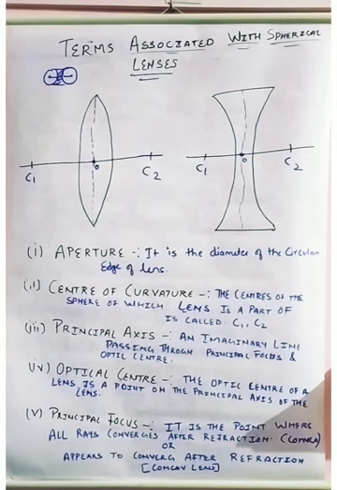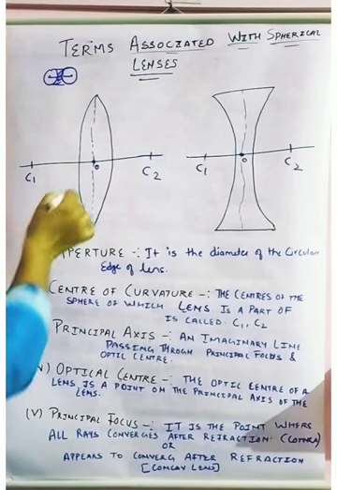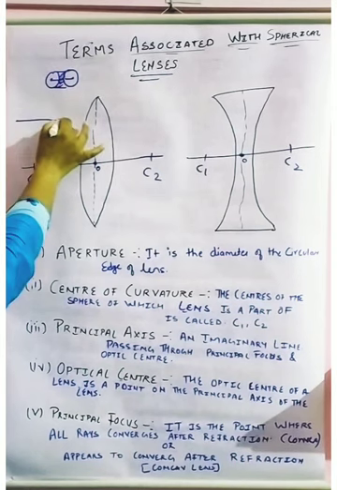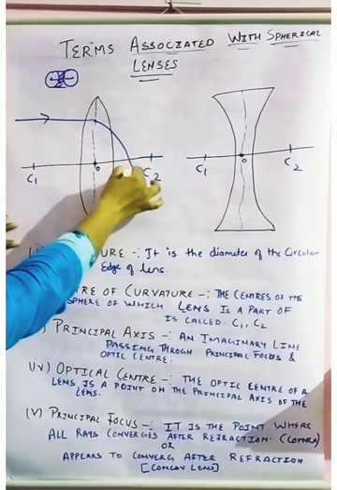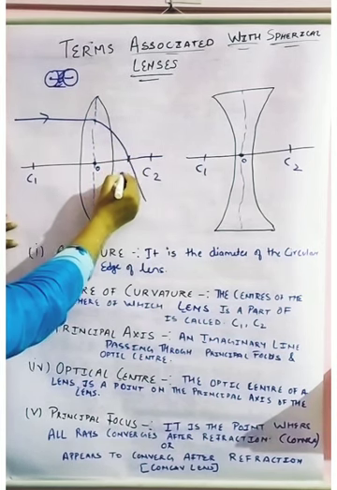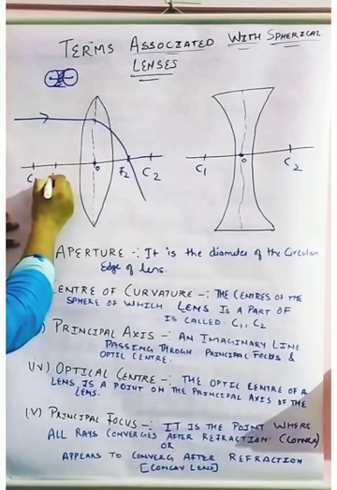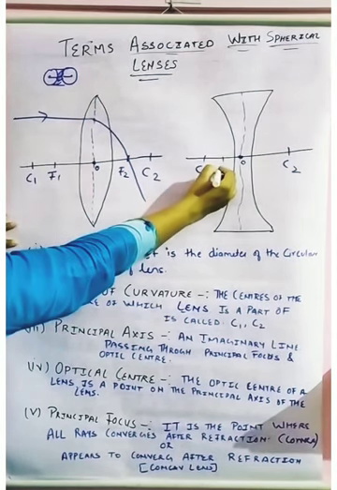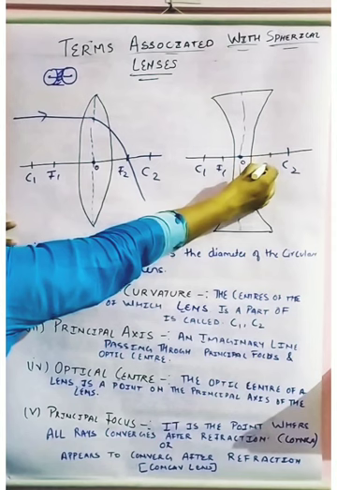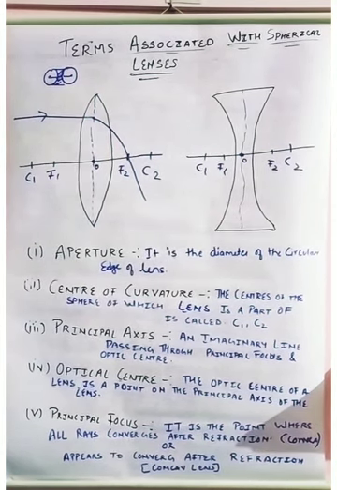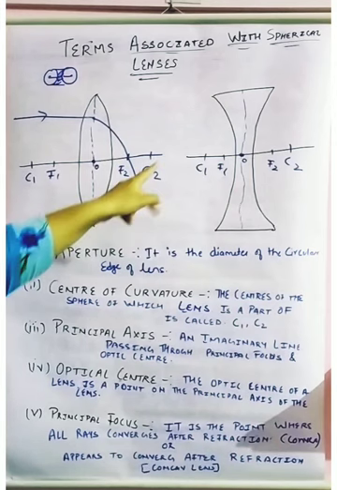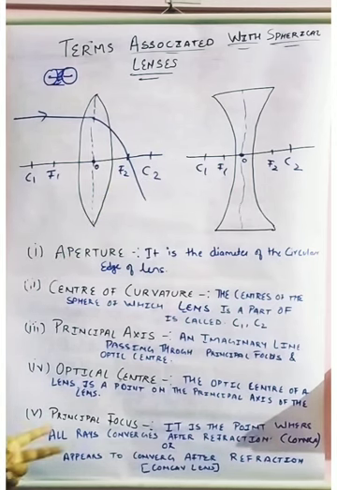You remember that if a ray comes parallel to the principal axis, it has to pass through the focus. These points we call F1 and F2. Because both sides refract, it will have two principal focuses, F1 and F2. Why do we have two centers of curvature? Because it is made up of two spherical glasses.